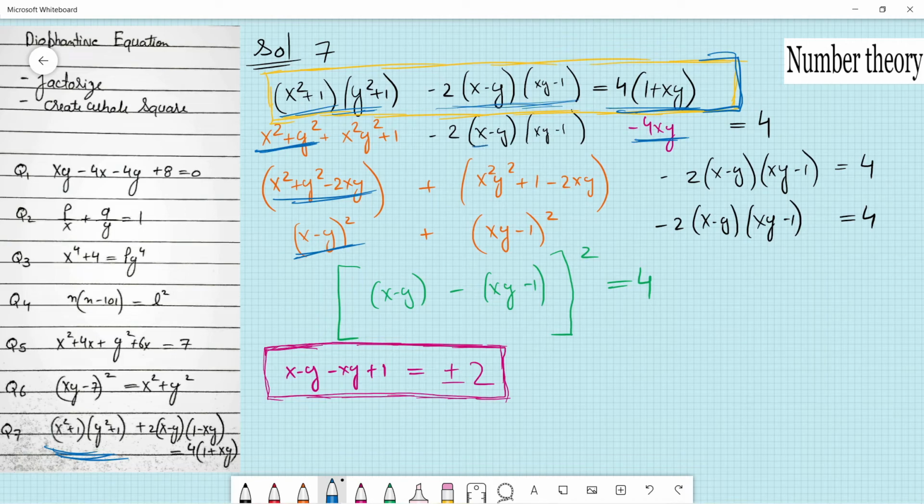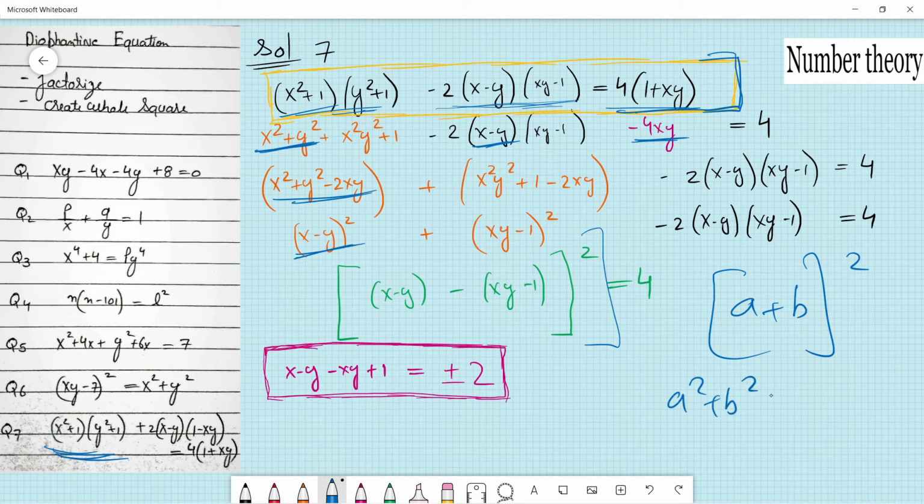Then I saw this x minus y here. So I got an idea, what if it was forming one big whole square? a plus b whole square, and if we expand this we get a square plus b square, minus 2ab. So for this whole expression to become a complete square, this thing will come as minus 2ab.